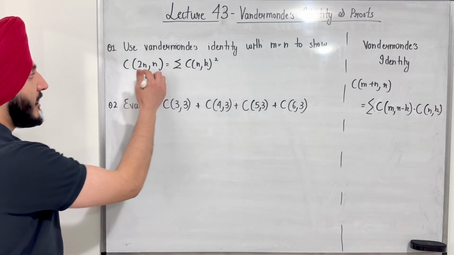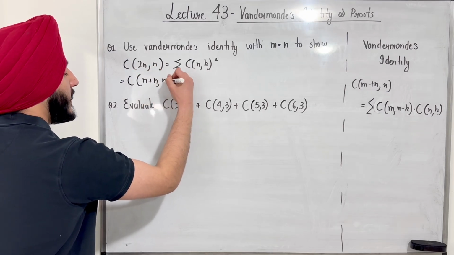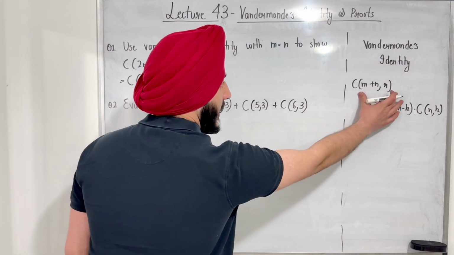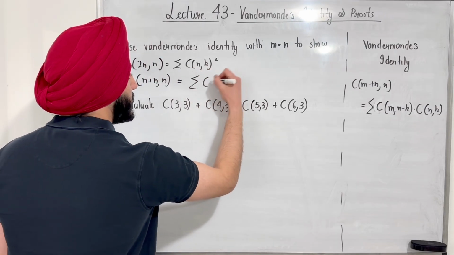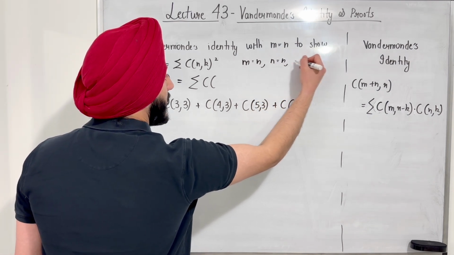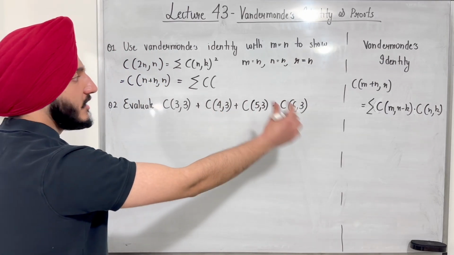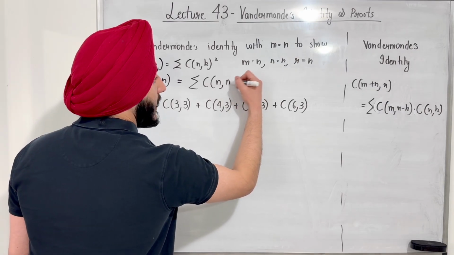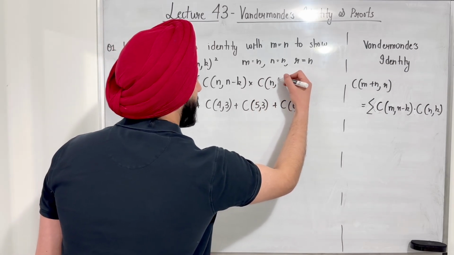I can write C(2n, n) as C(n plus n, n). From Vandermonde's identity, which is C(m plus n, r) equals the sum, in this case my m would be n, my n value would be n, and r will also be n. So this is equal to the sum of C(n, n minus k) multiplied by C(n, k).